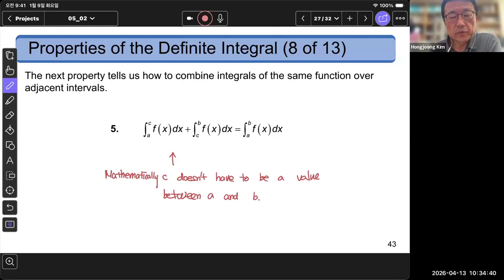Mathematically, we don't require any ordering among a, b, and c. They can be any values in any order in magnitude, as long as the limits match up, I can combine these two.